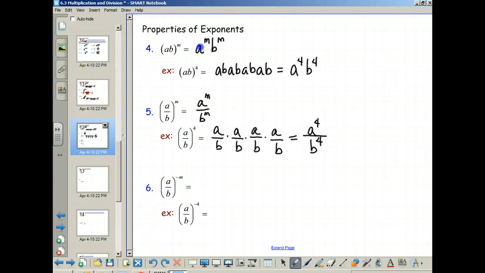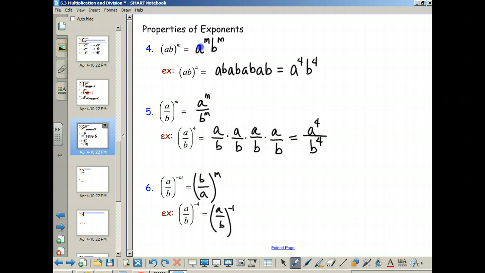And my last property down here says I have b over a to the m. I want to show you this one. This one's a little bit more unusual because it has the negative exponent. It's not like any of the other properties in that regard. So if we're taking a look at a over b to the negative fourth, we sort of want to think about it by breaking apart what negative 4 is.